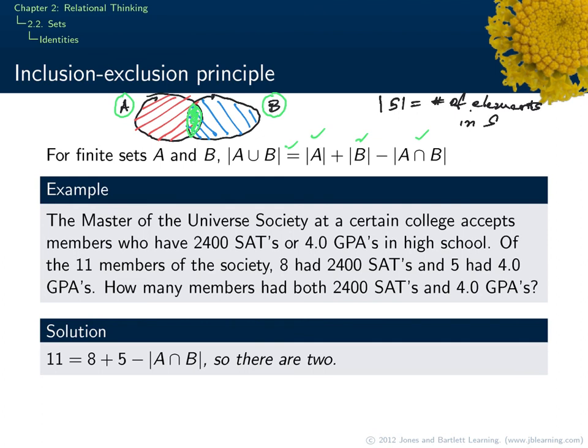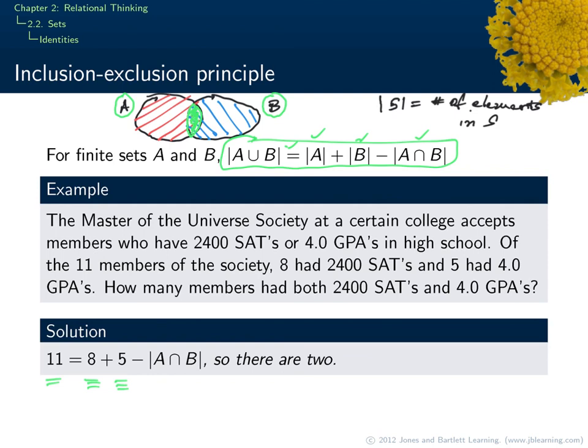So we're told in this inclusion-exclusion equation that the number on the left, that is the size of the union, is 11. We've got 11 students that have one thing happening or the other. And then we're told that 8 of those students live in set A, which is sort of the perfect SAT land. And then we've got 5 students who live in set B, which is the 4.0 GPA land.